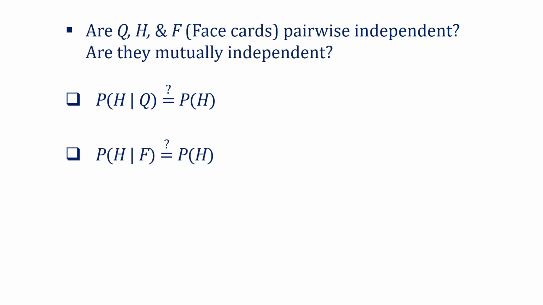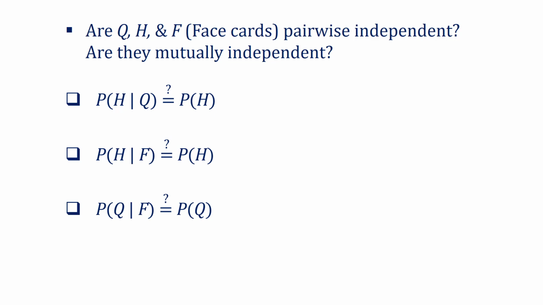Another pair is hearts and face cards. I need to compare a conditional probability to an unconditional probability there to check to see if that pair is independent. And the final pair is queens and face cards. I need to do that check. So if each of these comparisons ends up to be true, then we say that this group is pairwise independent.